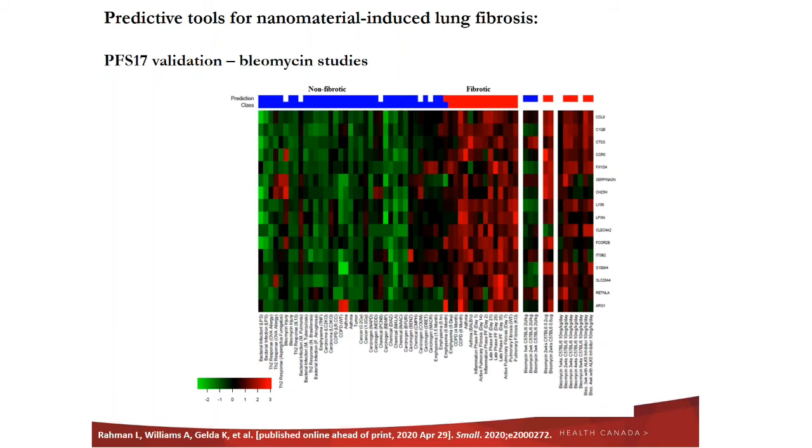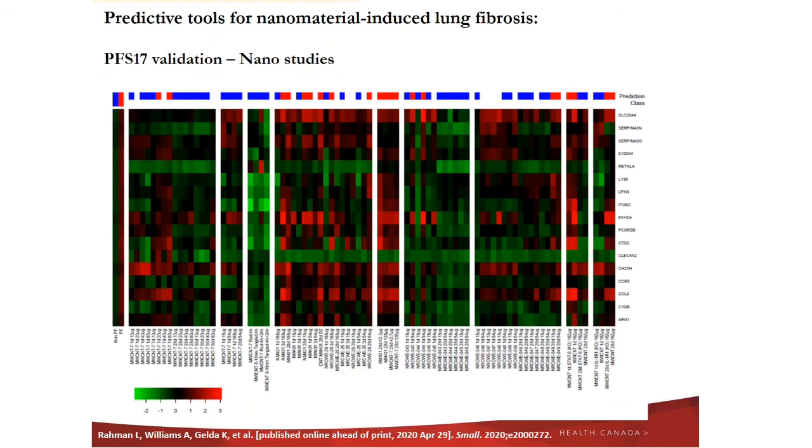We also validated the PPS17 using nanomaterial studies, basically the multi-wall carbon nanotube studies. And I think we had about 82 or 84 conditions in there. And as you can see, there are many reds and many more blues, suggesting that we could identify few of the CNT conditions as profibrotic, but many of them were non-fibrotic.